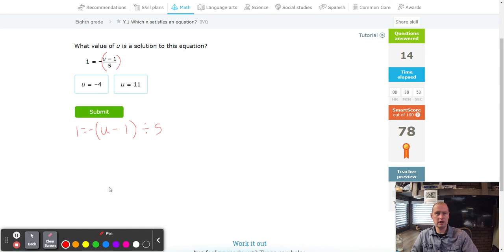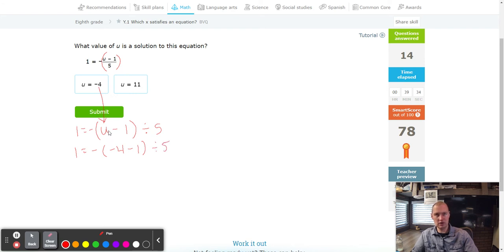Okay. Next step, we're going to take -4 first and see if it works. The first one's been giving us the right answer, so it should give us a good start. All right. Bring down the 1 equals. Plug in -4 for u, so we have negative, open parenthesis, -4, subtract 1, close the parenthesis, divide 5.